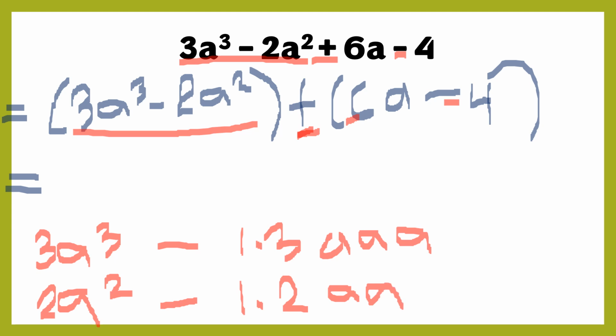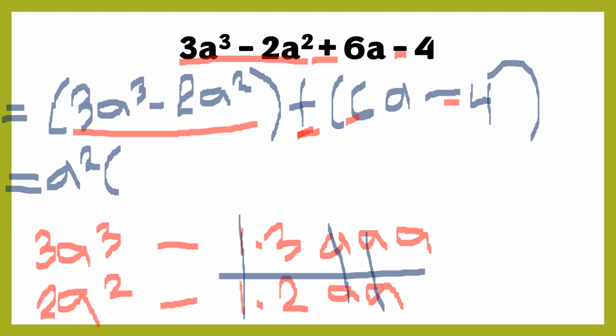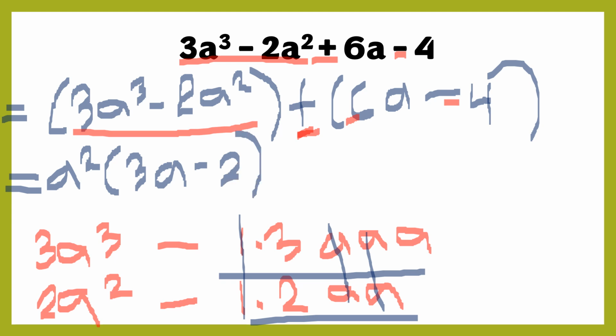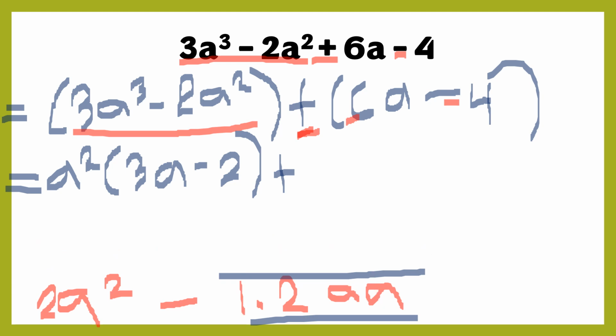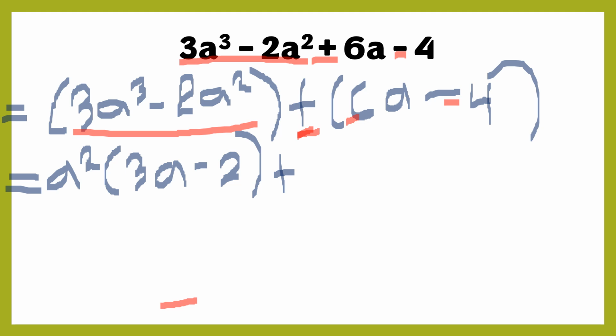Now, its greatest common factor, we have 1 and a squared. So just simply write a squared. And then, open parenthesis. As for the first term, the remaining is 3a. Minus, for the second term, the remaining is 2. And then, close it. Plus.